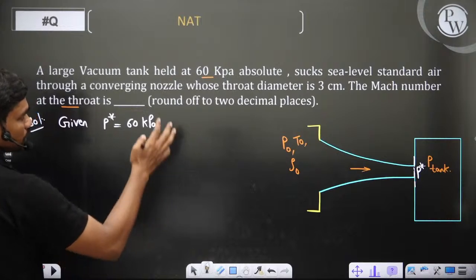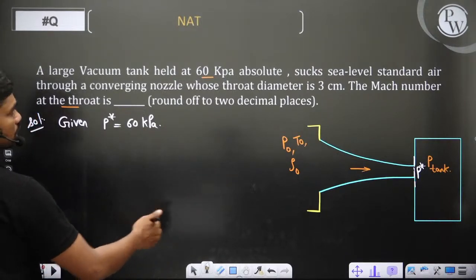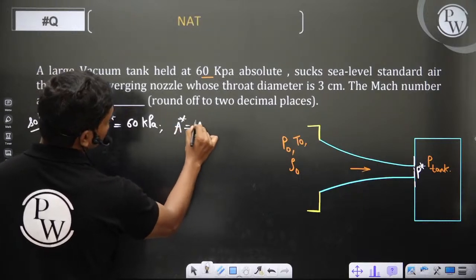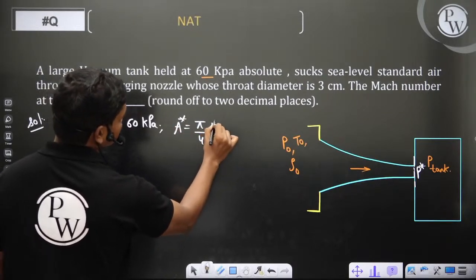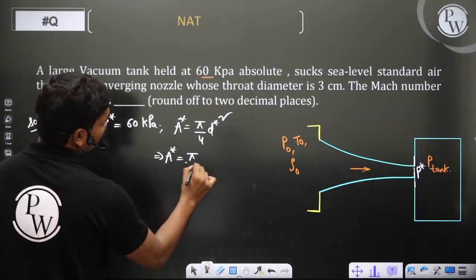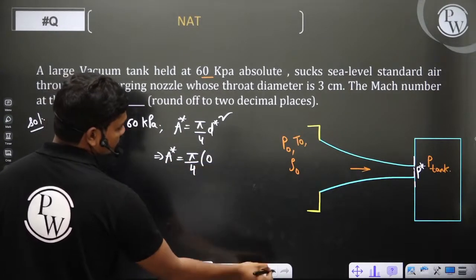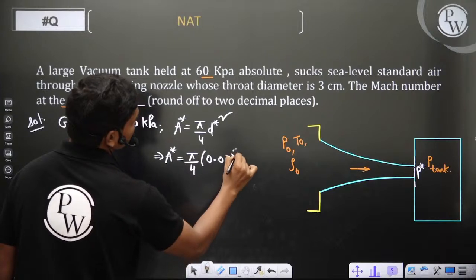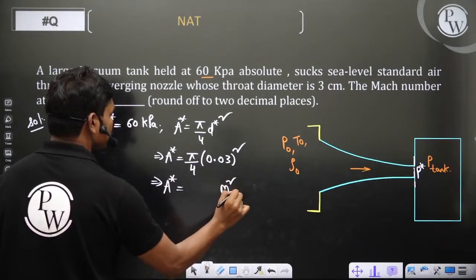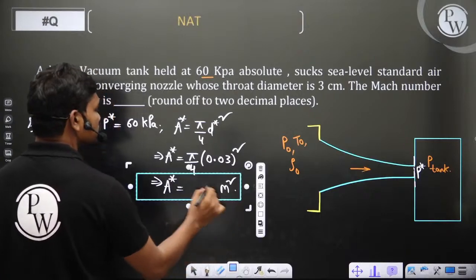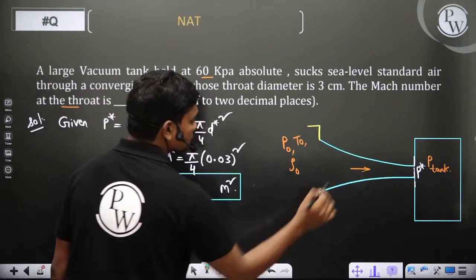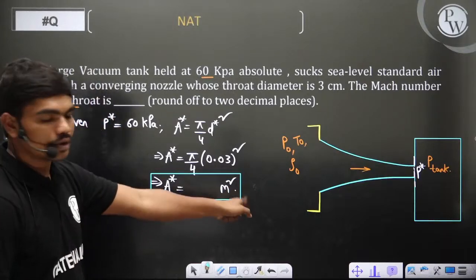The throat diameter is 3 centimeters, which means A star is equal to pi by 4 d star square. So A star at this point is some amount in square meters.